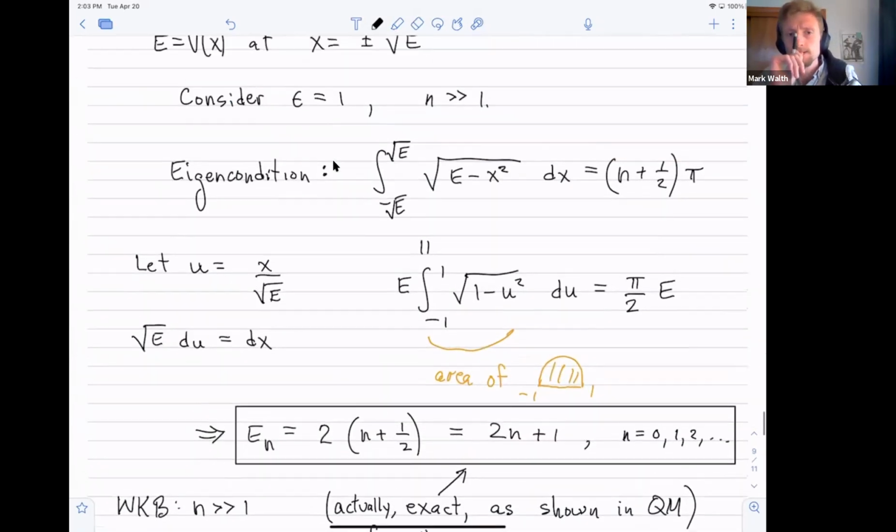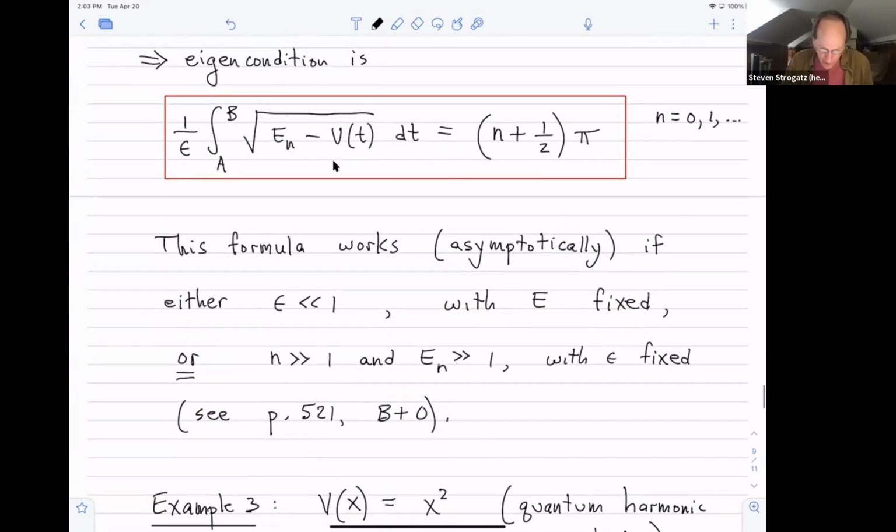I think that's something I copied out of Bender and Orszag. You're referring to this remark. That's right, because all we know is that it should work for small epsilon with E fixed. That was the world we were operating in. But Bender and Orszag make this comment on page 521 that it can also apply even if epsilon is fixed, and it can be as large as 1.